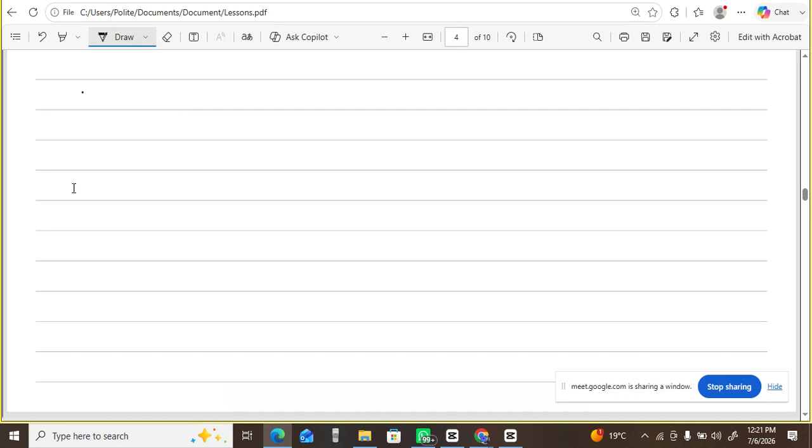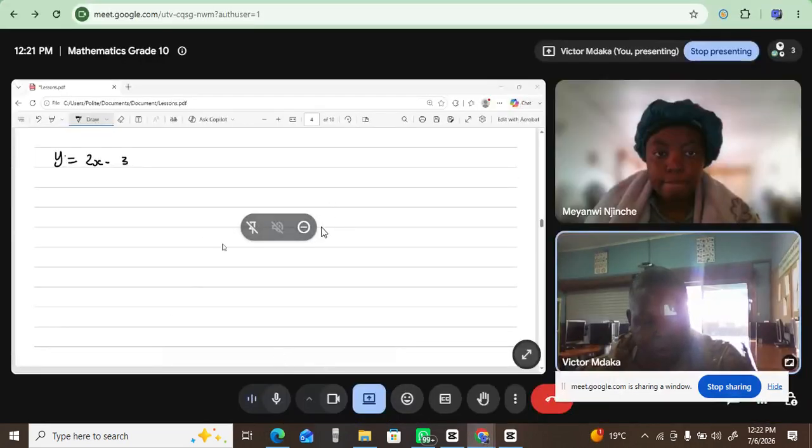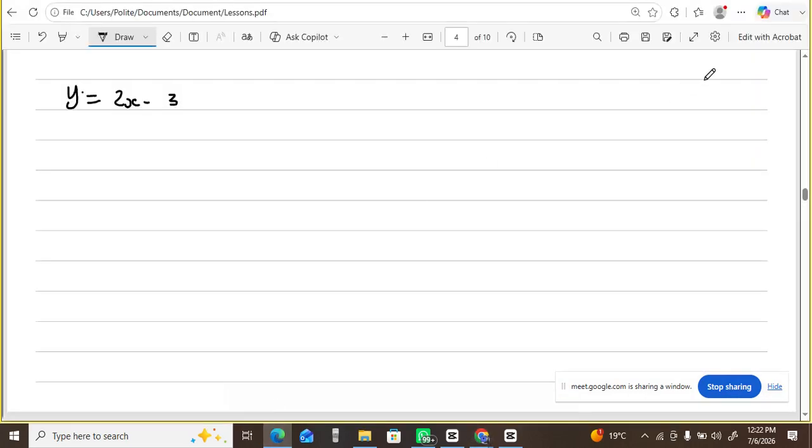So now, we can represent functions in different ways. For example, I can say y is equal to 2x minus 3. So this is a function. I'm not sure if you agree with me on that, but this is definitely a function, right? Yes, 100%.